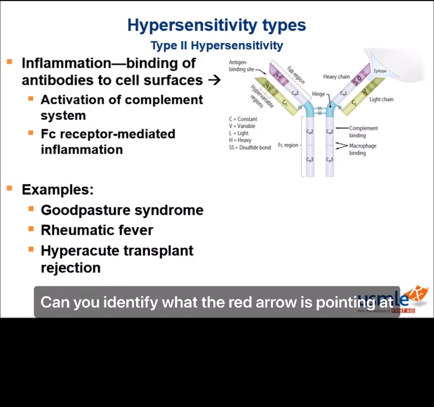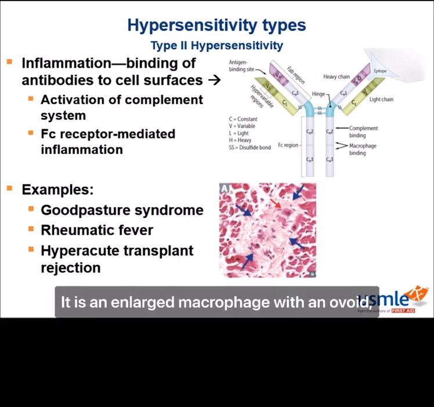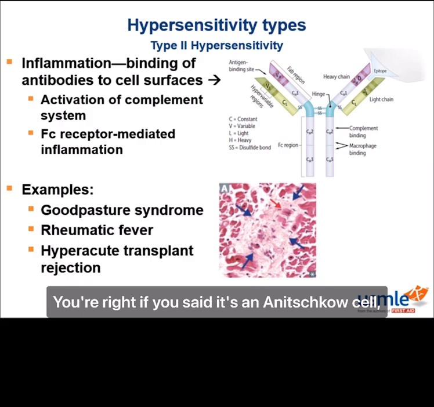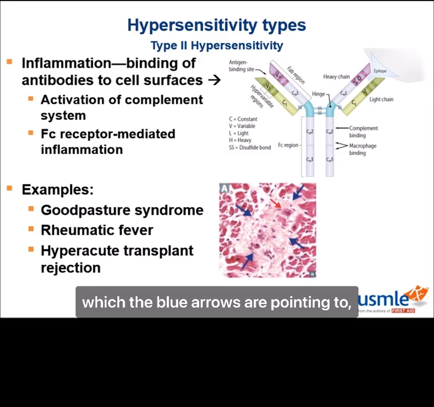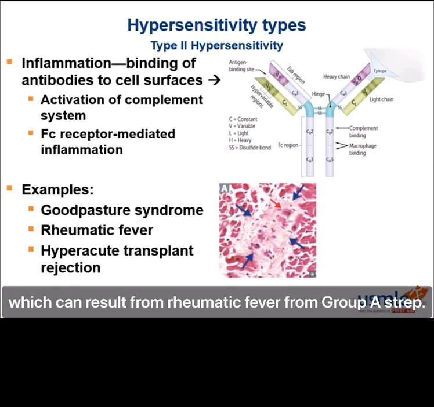Can you identify what the red arrow is pointing at in this image? It is an enlarged macrophage with an ovoid, wavy, rod-like nucleus. You're right if you said it's a Nitschkow cell, and it's within this granuloma with giant cells, which the blue arrows are pointing to, called an Aschoff body. And these are characteristic of rheumatic heart disease, which can result from rheumatic fever from group A strep.